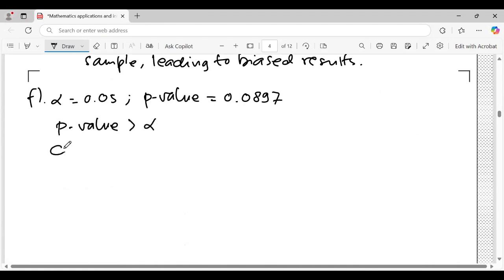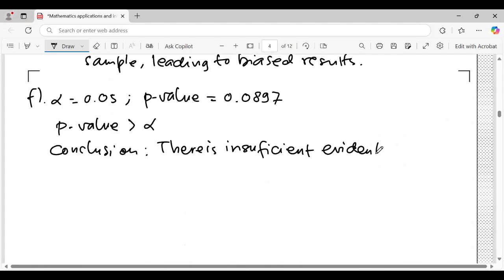So the conclusion: there is insufficient evidence to reject H0, the null hypothesis.